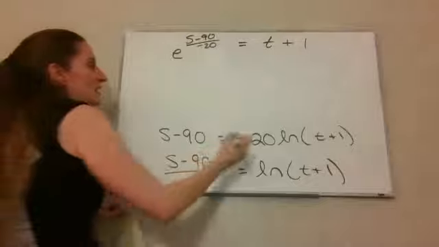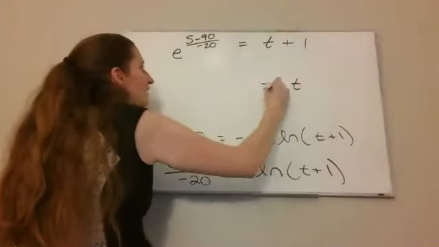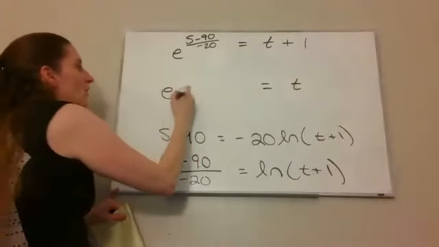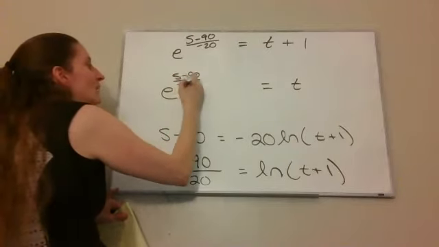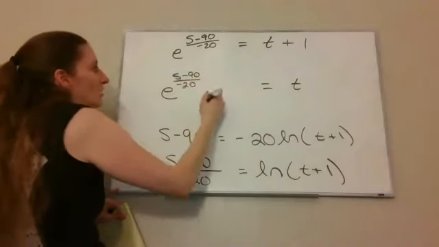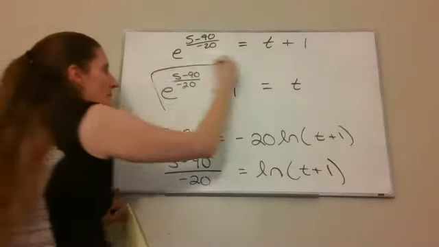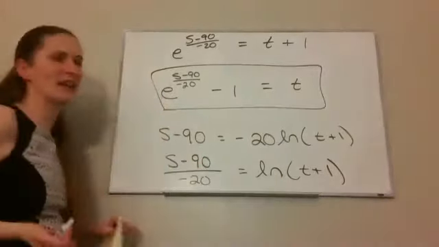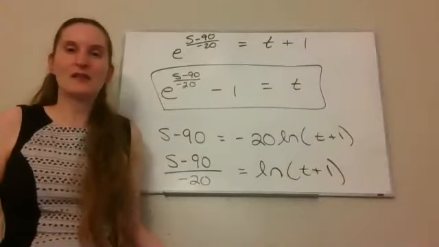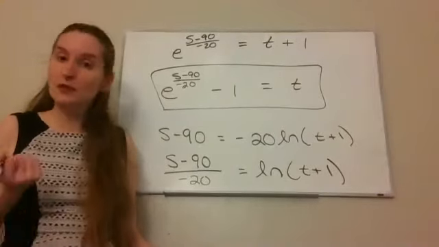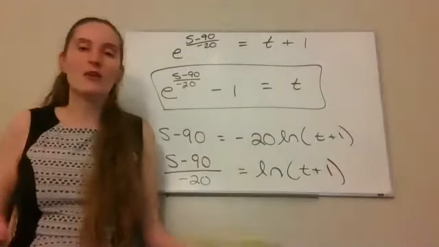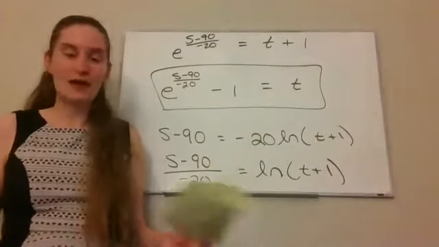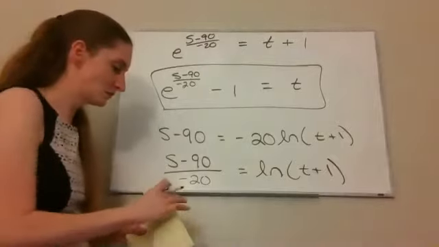And so to get t completely by itself, I just have to subtract 1. So I get e to the (S minus 90) divided by negative 20 power, minus 1. And we're going to get a lot of ugly answers. That's very normal on here, so don't freak out if you get an answer that's not perfect looking. You're going to get ugly things when working with equations like this.